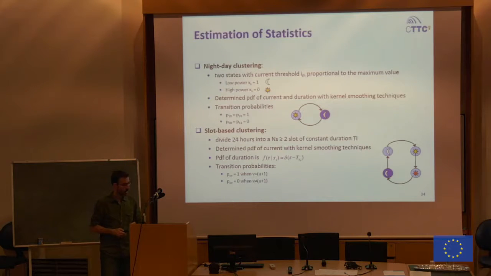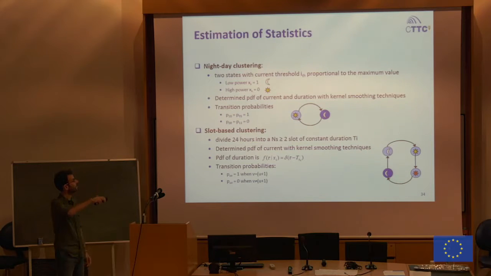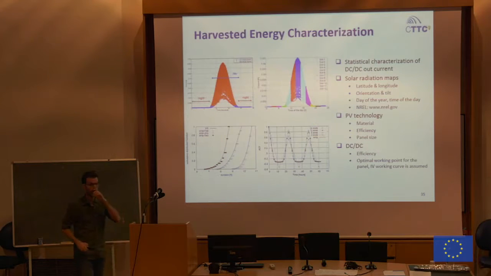And what we have done is to study two different clusterings. The first one is the simple one with NS equal to 2, the night-day clustering. So we have day and night, and these are the two states of the Markov chain. And then another that is based on slot-based clustering, so we have more levels of intensity during the day and during the night of the current produced by the photovoltaic panels. And these are the results that we have.